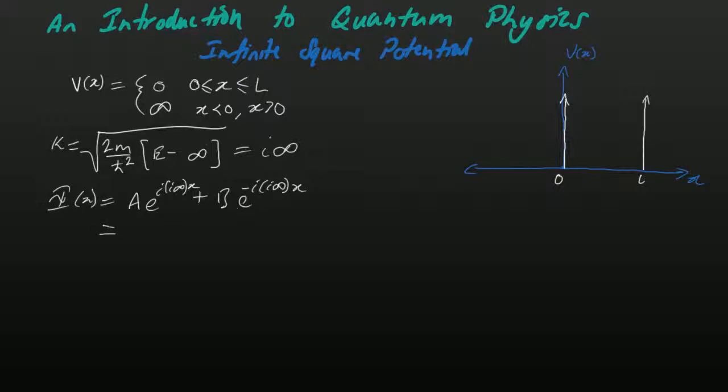So this exponential will tend towards 0. The other one will tend towards infinity, which is not good because this needs to be square integrable. So therefore b equals 0. To explicitly describe what we have here, our wave function in these regions is 0.